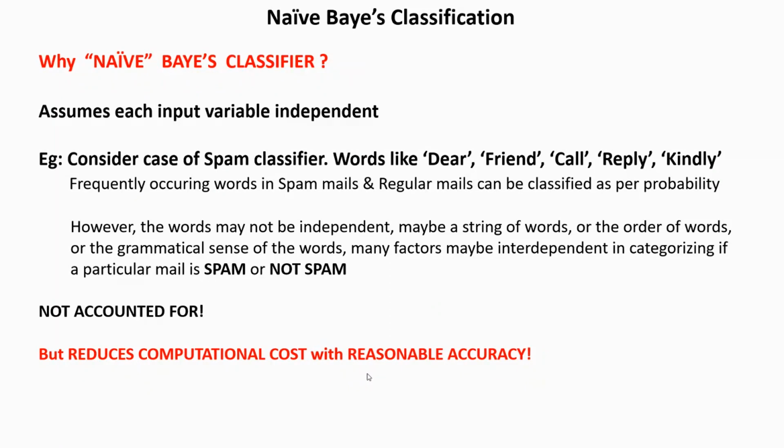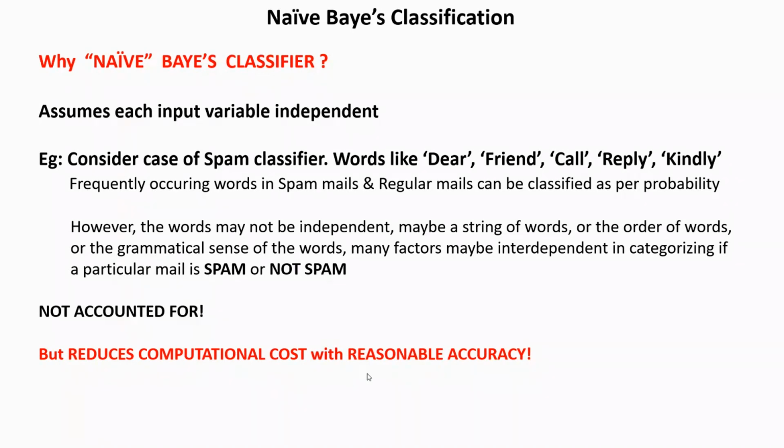I just said that it is a limitation of Naive Bayes classification that it does not take into account the dependence. If there is any dependence of the attributes that you are dealing with, it does not take that into account. That is why it is called naive, because these considerations are not taken into account. It assumes, for the sake of simplicity, that the attributes are independent, whether or not they are actually independent.